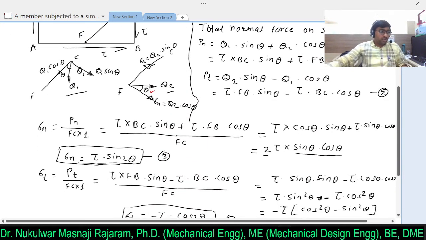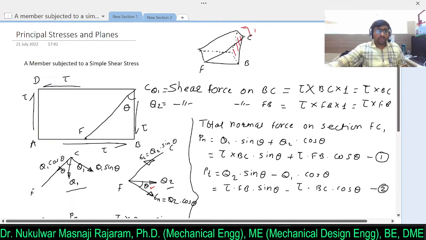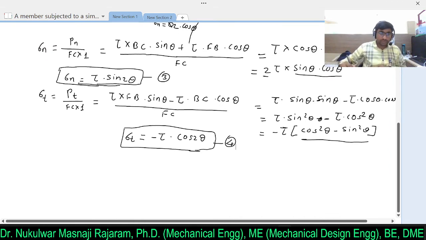Now when we look back at the previous video, we learned that when two mutually perpendicular stresses act on a body, then we evaluate the forces. So this was the case.